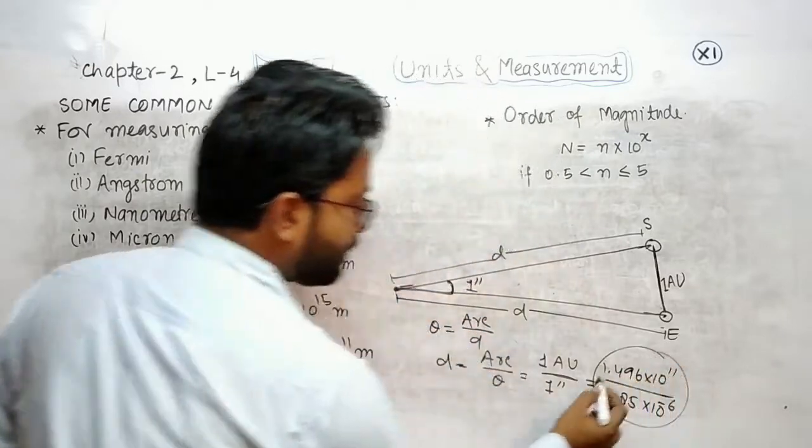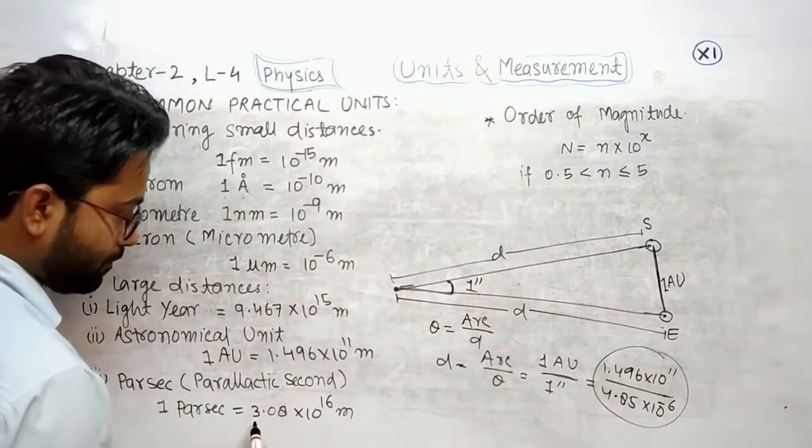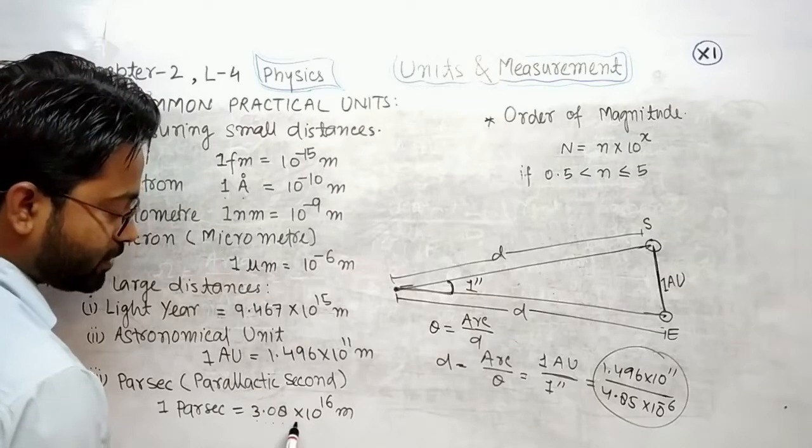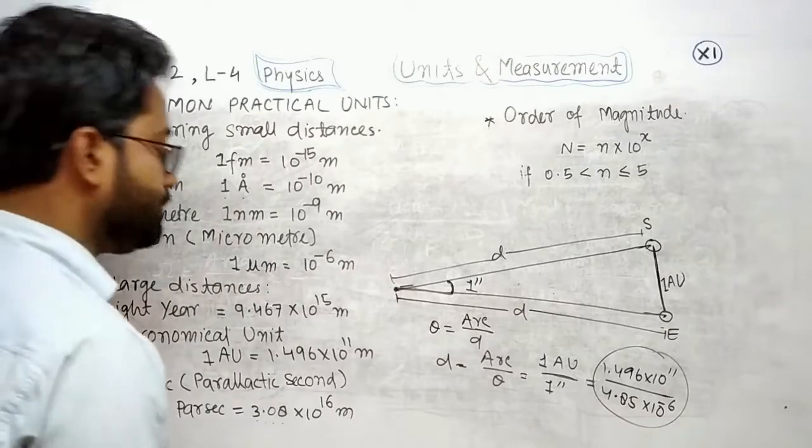On calculating, you will have 3.08 into 10 to the power 16 meter.